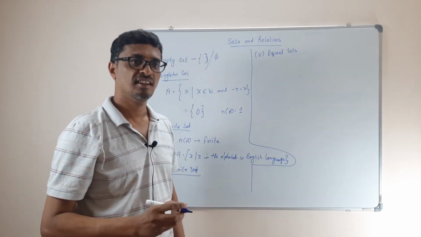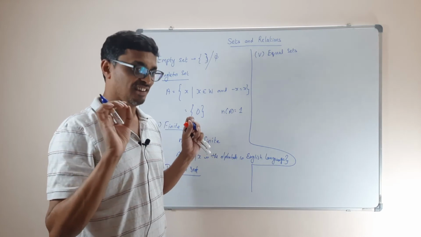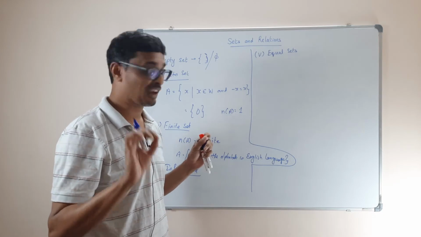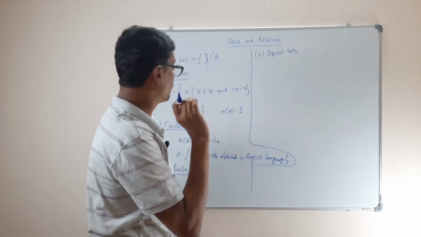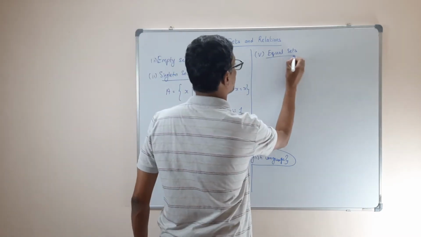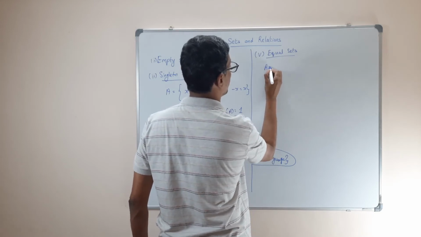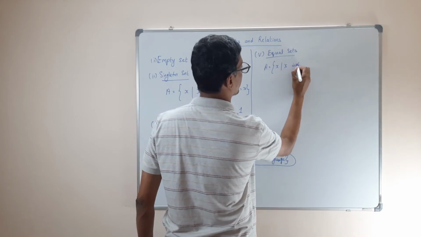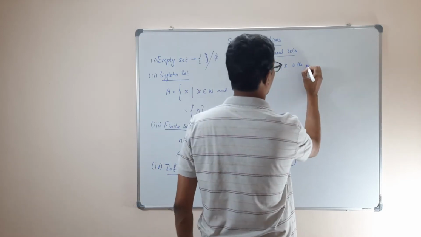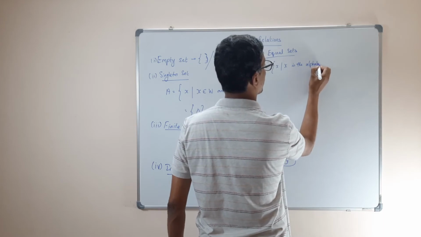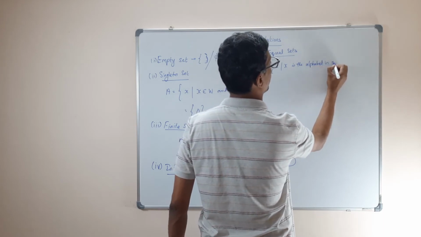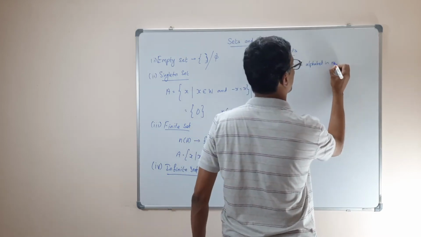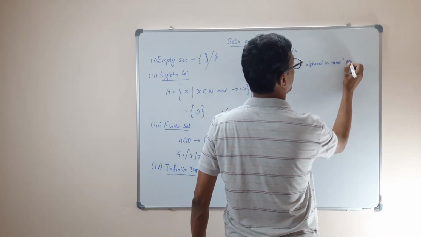Two sets have equal number of elements? Equal number of elements? No, same elements. Let me give a nice example for that. A is the set of x such that x is the alphabet in the name Mary.